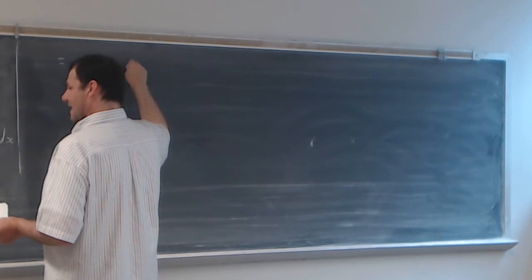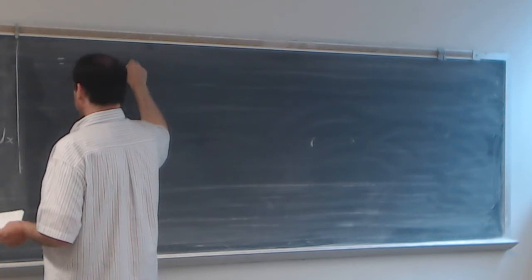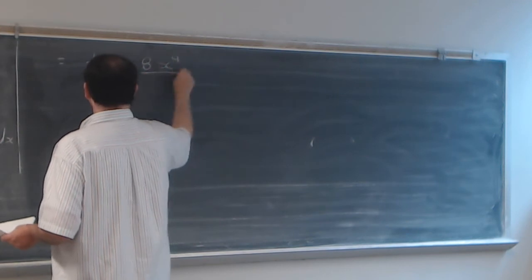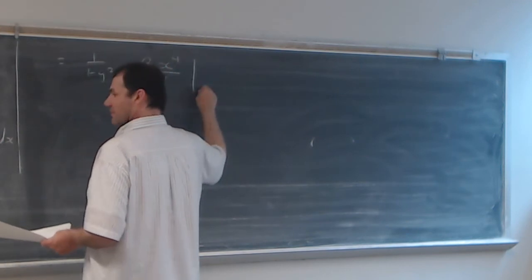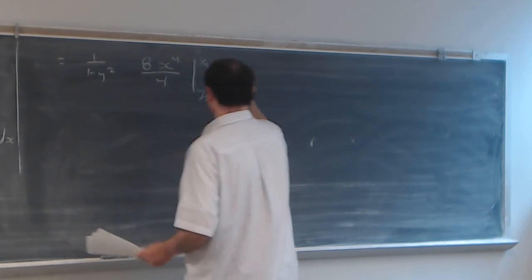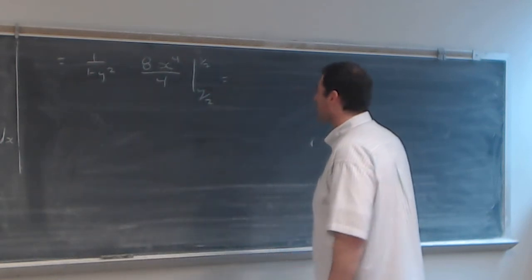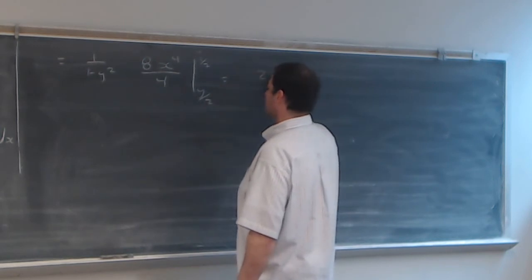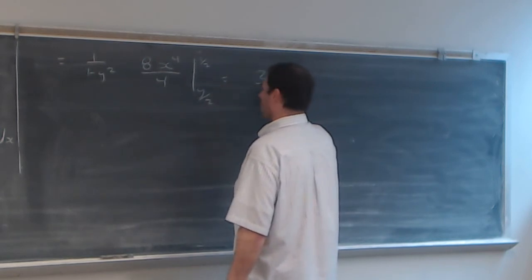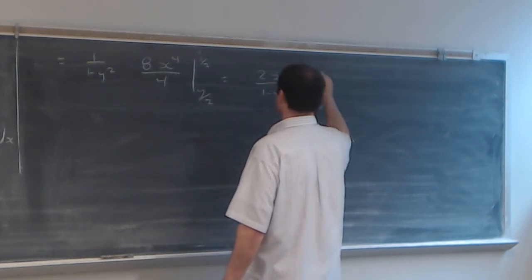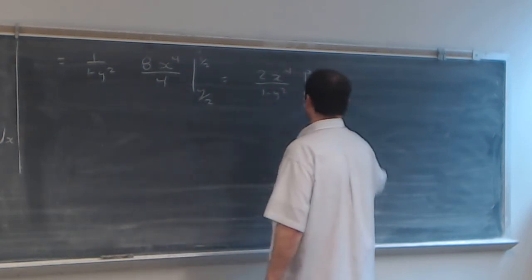Then we have 8x cubed, whose antiderivative is 8x to the 4th over 4, which is 2x to the 4th over 1 minus y squared, evaluated as x runs from y over 2 to x being 1/2.